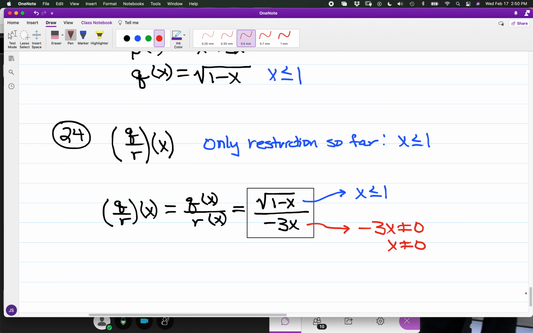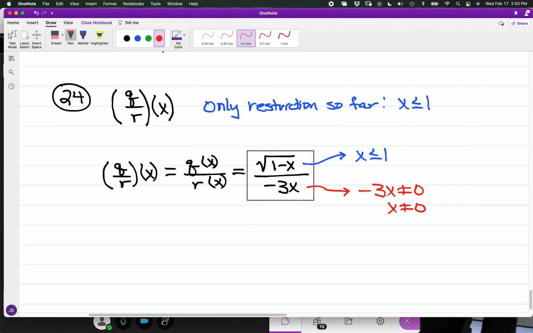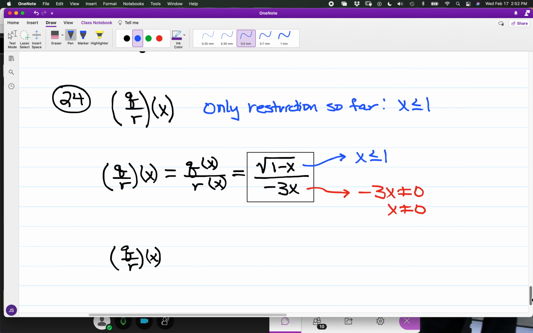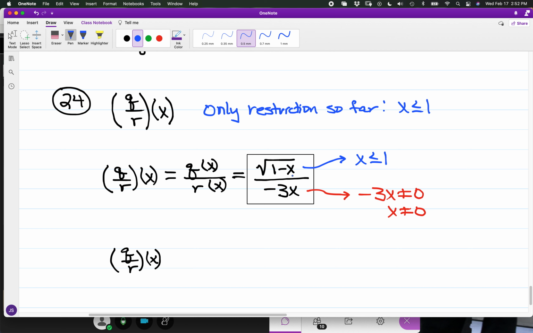And so for q over r of x, in terms of the restrictions, from the square root of 1 minus x we had the restriction that x is less than or equal to 1.